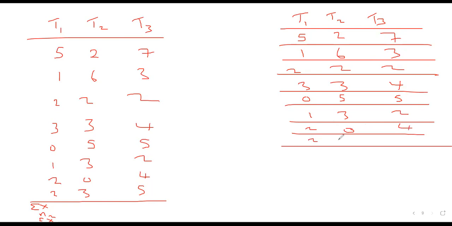So let's go quickly. Summation of x, we're just adding up in there, right? 5 plus 1 plus 2 plus 3 plus 0 plus 1 plus 2 plus 2.